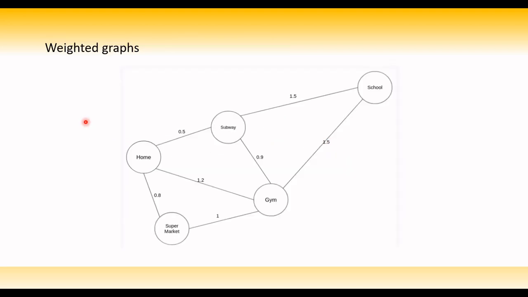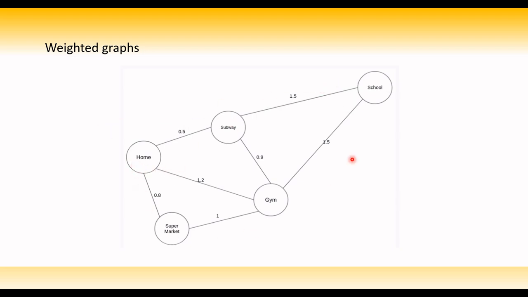And finally, coming to the weighted graphs, this is also a very popular graph format where we want to, let's say, reach our school, and a student is currently located at his home. So we can see that the shortest path to reach school will be from home to subway and subway to school, because the distance between these nodal points is about, let's say, 2 kilometers.